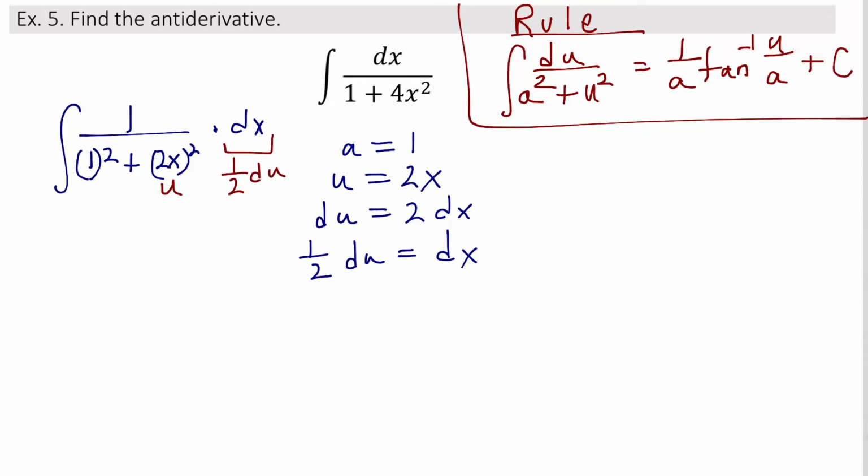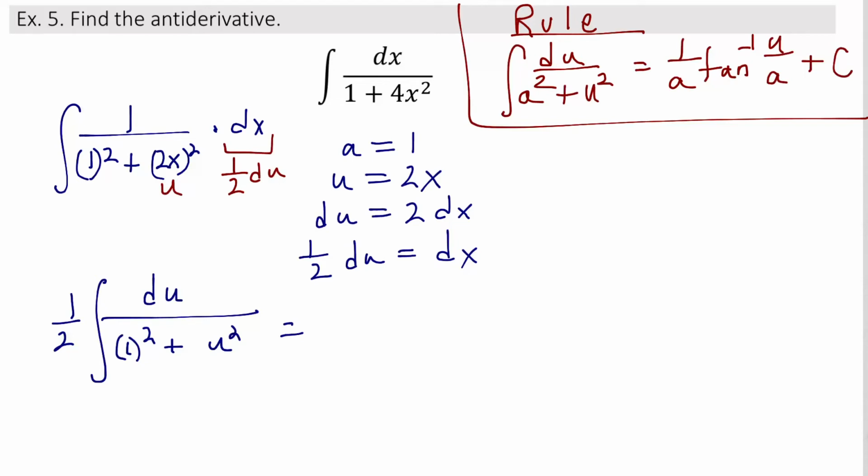So now I rewrite that. I put the 1/2 in front of the integral, put the du on top. So then I've got 1 squared plus u squared. All right, so now it looks like this over here, and I can go ahead and set my answer up just in that form.